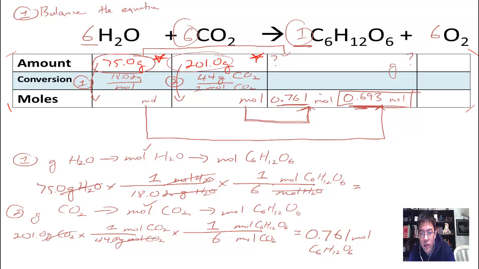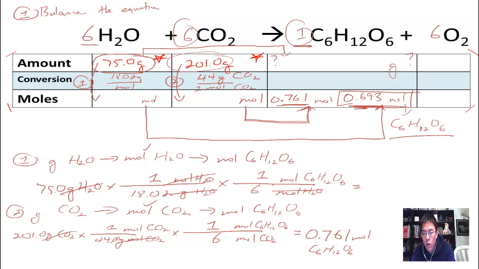So I'm going to make 0.693 moles of C6H12O6 because my H2O is limited. I don't have enough of it to react with all the CO2, only some of it.